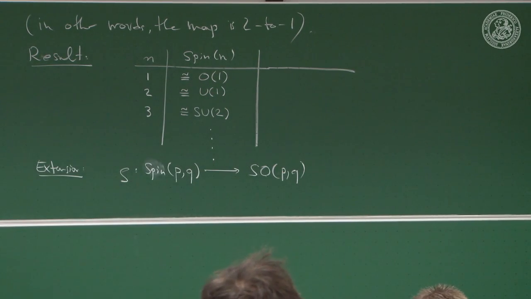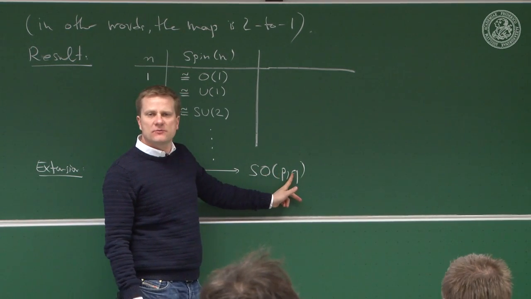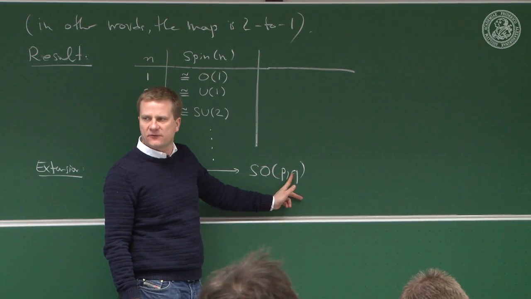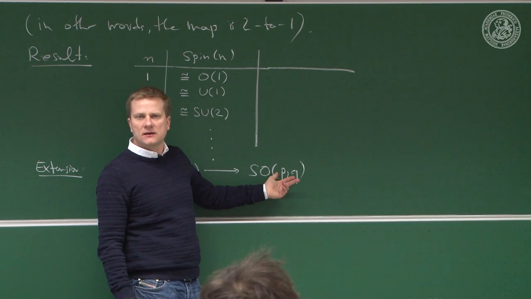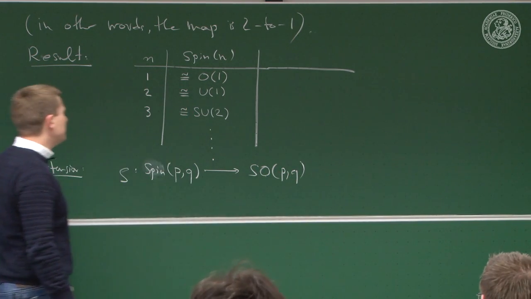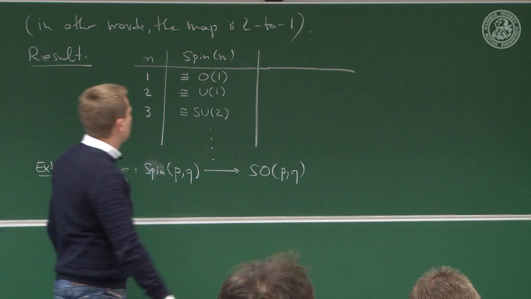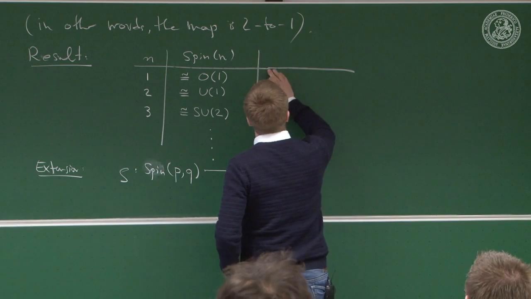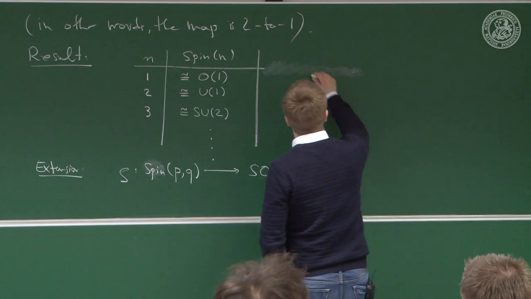And by P, Q, I mean that I no longer have a positive definite inner product, but I have an inner product with P pluses and Q minuses in the Sylvester form. Okay, and obviously this is of interest in relativity because there we have the Lorentz group, SO(1,3), and there we need that. Okay, so we can also ask about the spin(P,Q) groups.